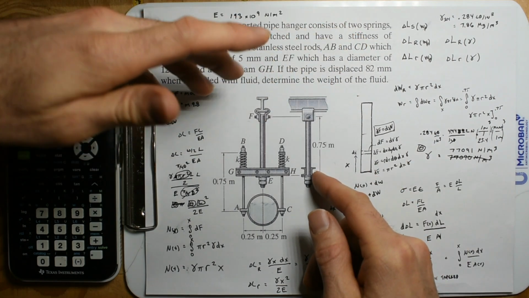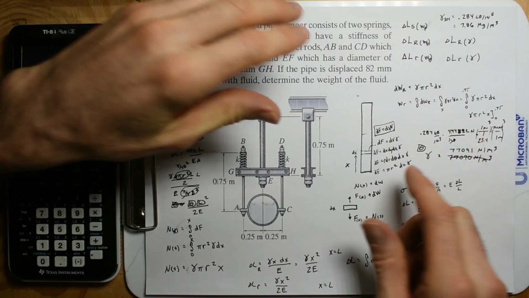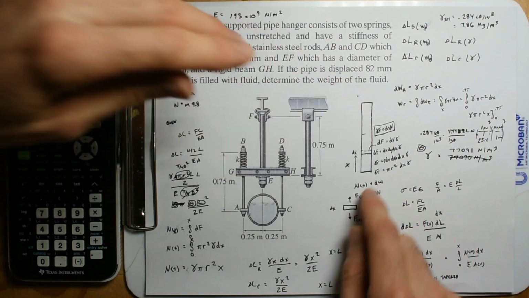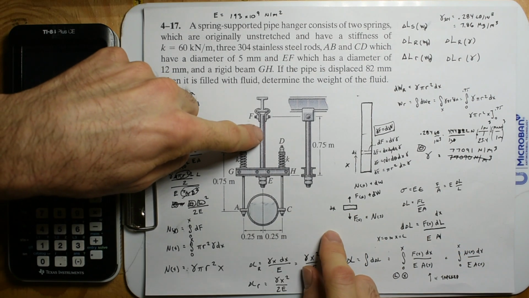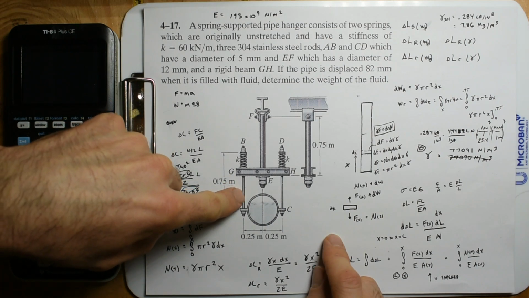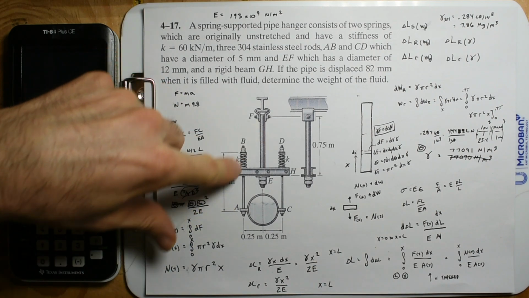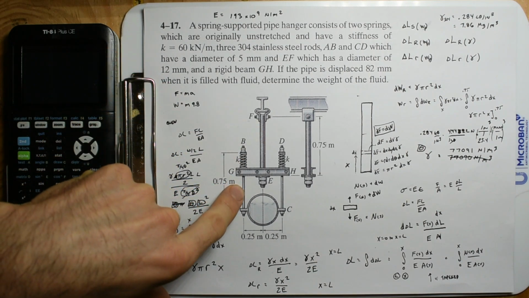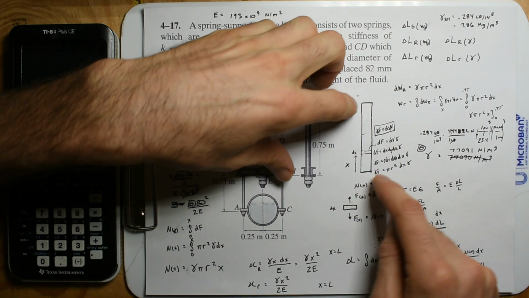Now this setup isn't very large scale, so these weights aren't very big. Actually, pretty lightweight. I think this weighs 6 newtons, and this weighs 1 newton. So this weighs about 1.5 pounds, and this weighs about a quarter pound.